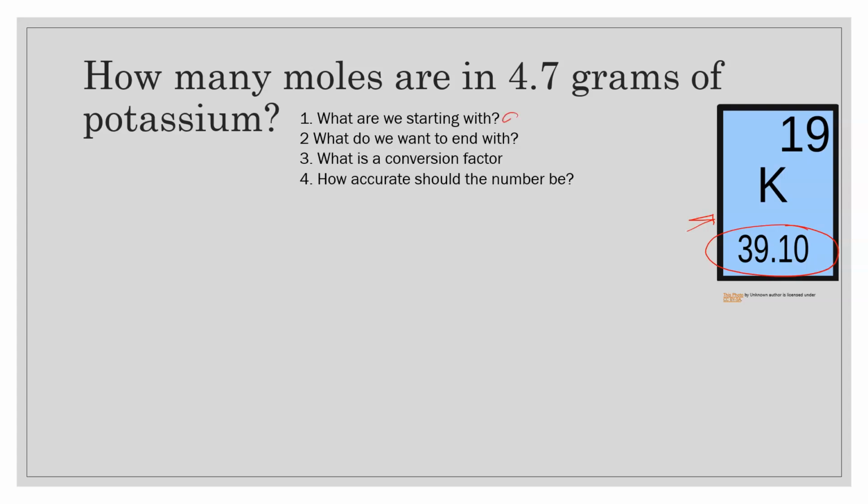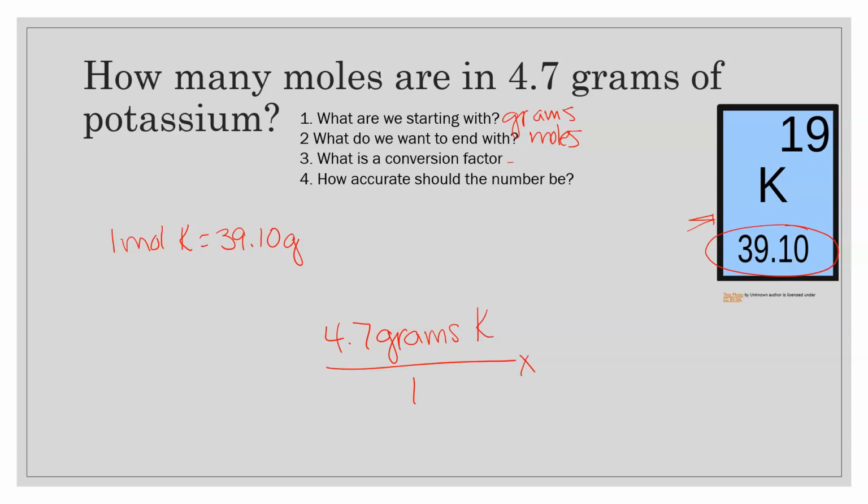We're going to use that for our conversion factor. We're starting with grams, we're ending with moles, and the conversion factor is the fact that 1 mole of potassium is equal to 39.10 grams. So let's take 4.7 grams of potassium. We have to put grams of potassium down below in order to cancel out, right?